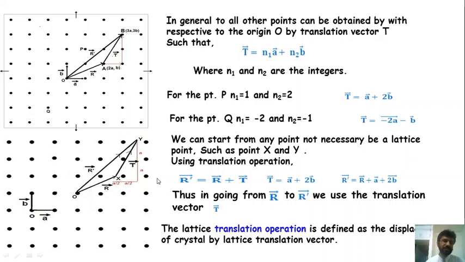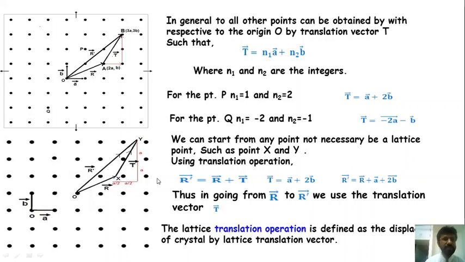That means basically the translation vector is useful in a crystal lattice when we go from one point to another point. Therefore, there is the translation operation, and we can define it as the displacement of a crystal by a lattice translation vector.